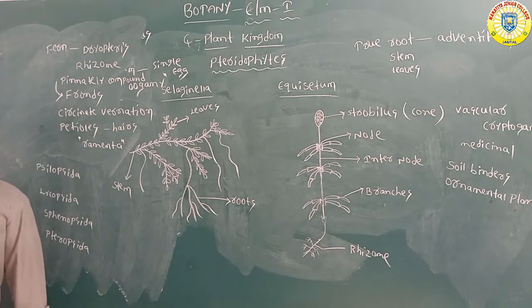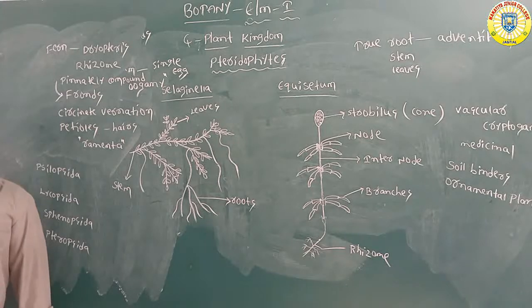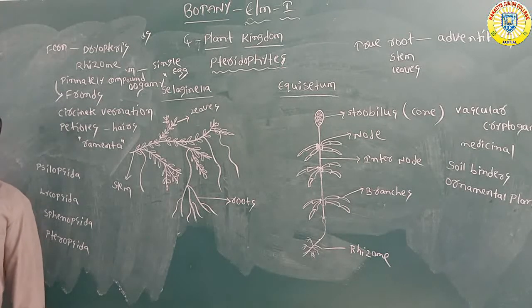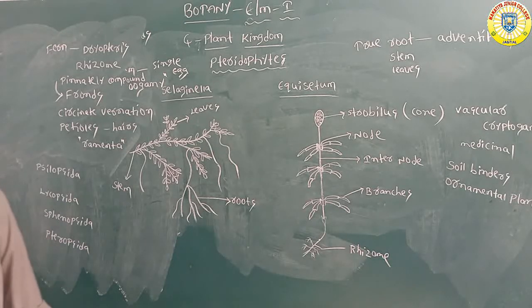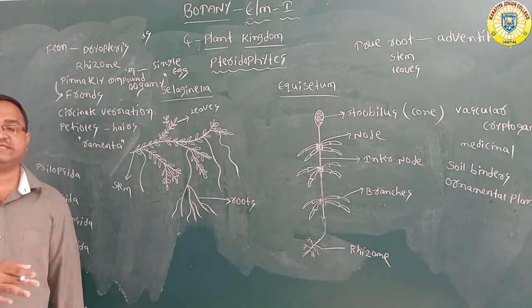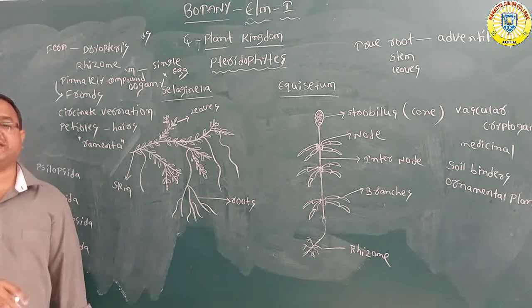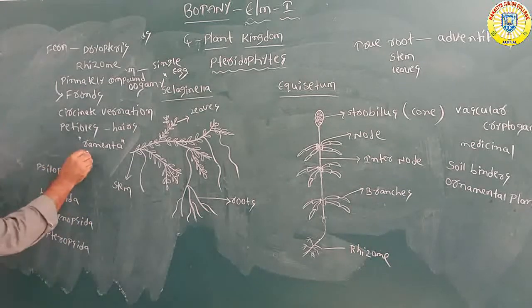And one more thing you can see: the sporangia are formed on leaves called sporophylls. In some cases the sporangia formed on the surface of the sporophyll occur in groups. The groups are called sori.